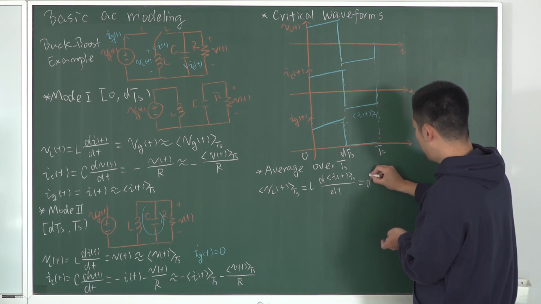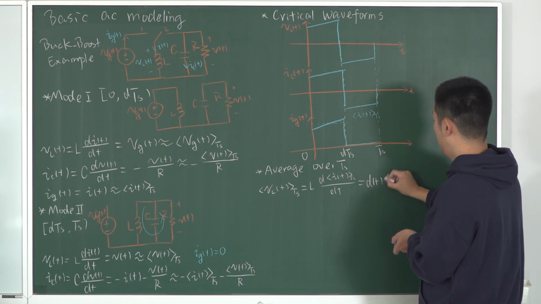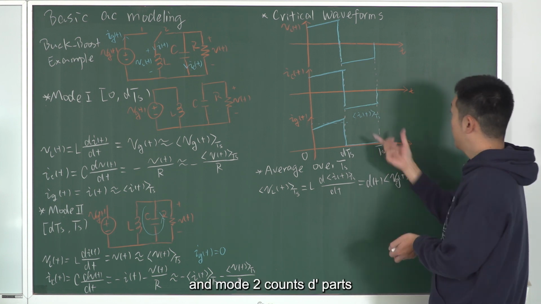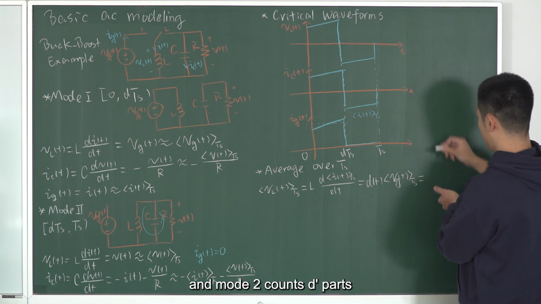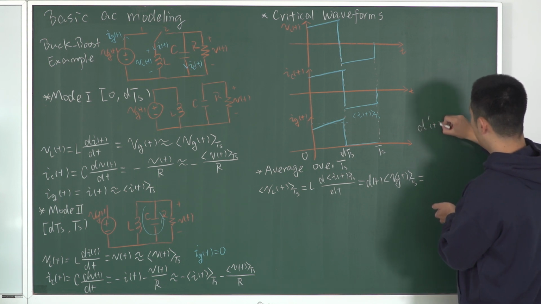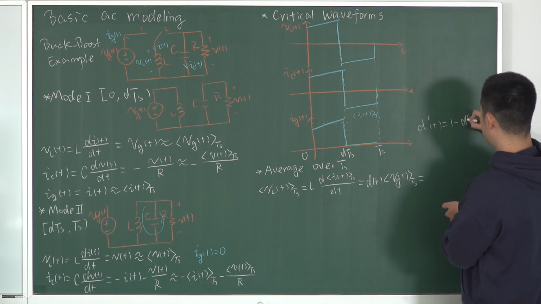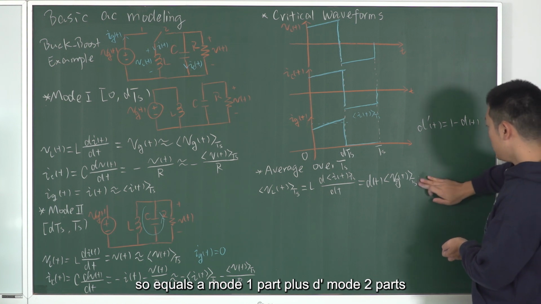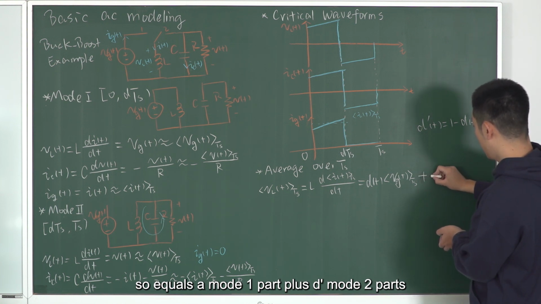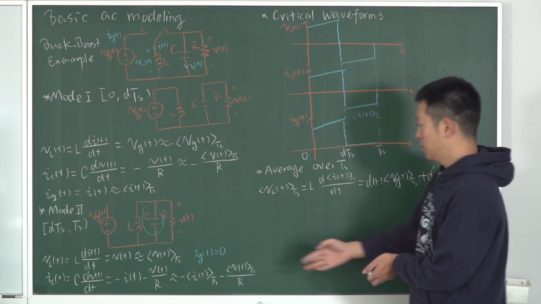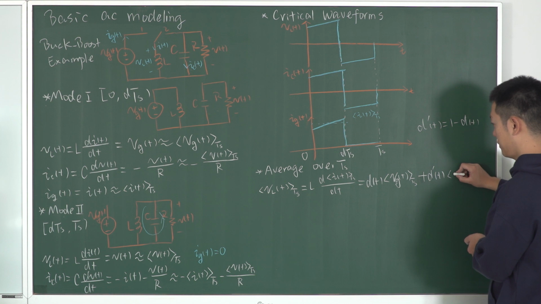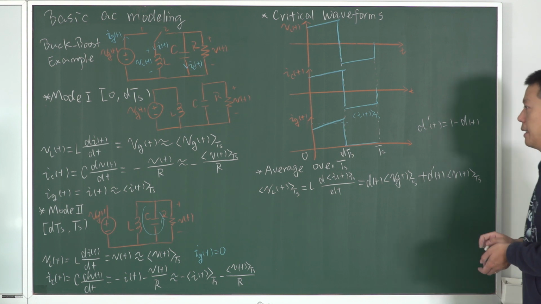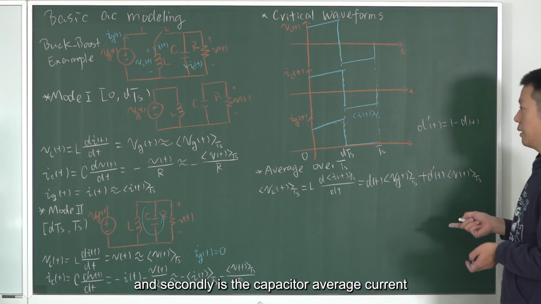Mode 1 counts the D part and mode 2 counts the D prime part, where D prime equals the complement of D. So it equals the mode 1 part plus the D prime mode 2 part here.